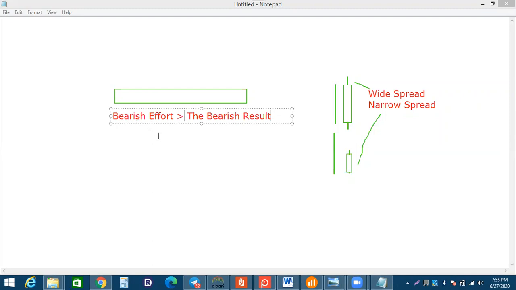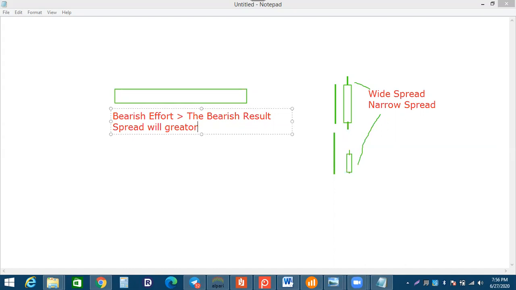I'm asking the question: the bearish effort is greater than the bearish result. The spread is the result, and the effort is the volume. So the volume is bigger than the spread.